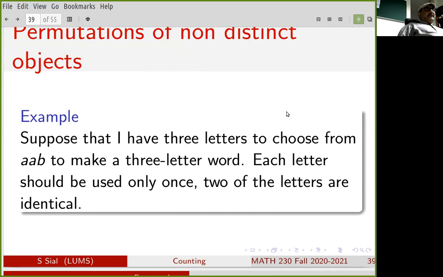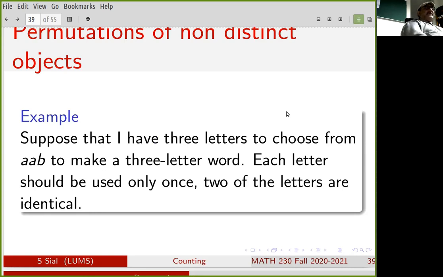How many ways can I do that? One way of looking at it is that once I decide where the B goes in the word, everything else is fixed. So it's BAA or ABA or AAB, and there are no other ways. So my answer should be 3.